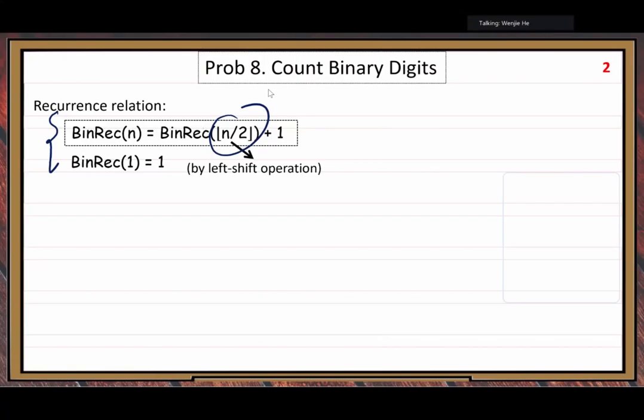Addition over multiplication colon division. Here I talk about integer, because for floating point, these things are even slower. Integer is relatively faster than floating point calculation.